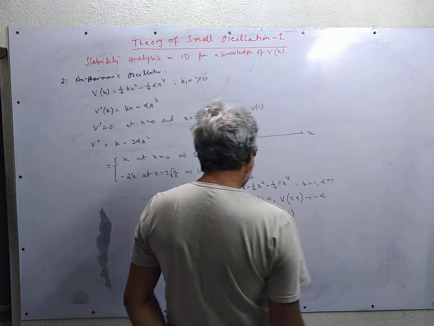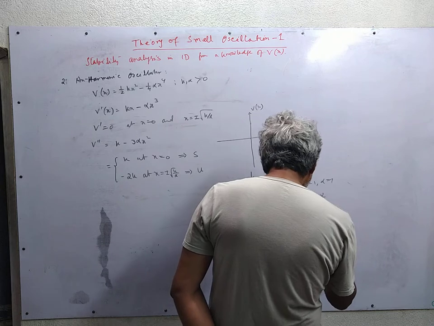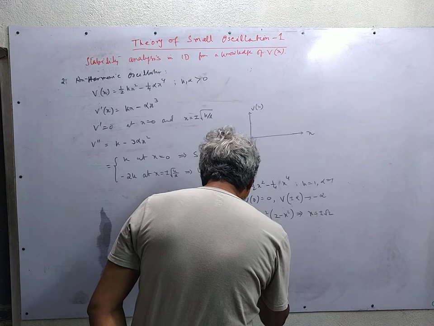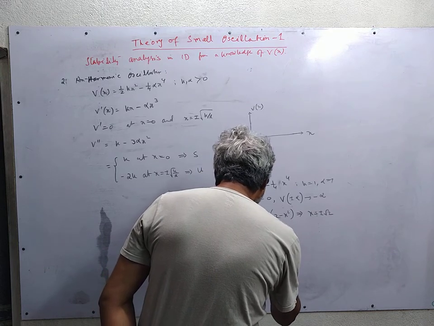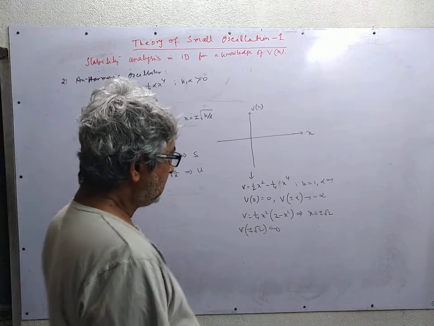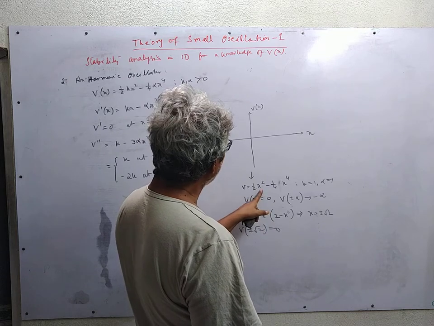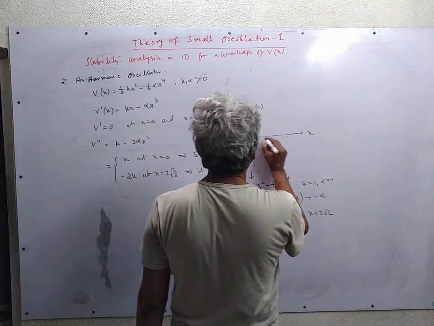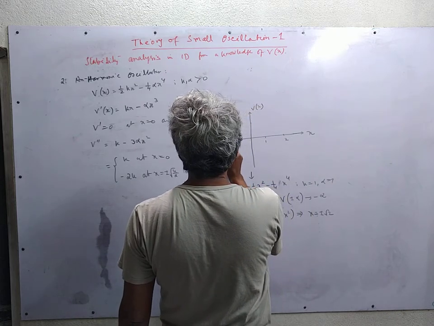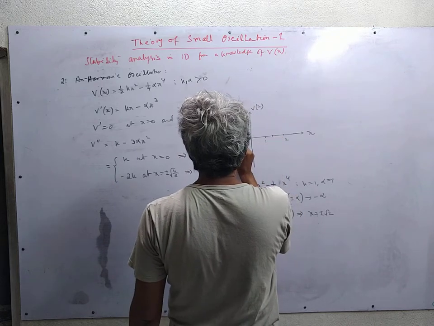So there are two other points, which correspond to x is equal to plus minus root 2. So V at plus minus root 2 is 0. So there are 2 points, 1, 2, minus 1, minus 2, at which the function has value 0.